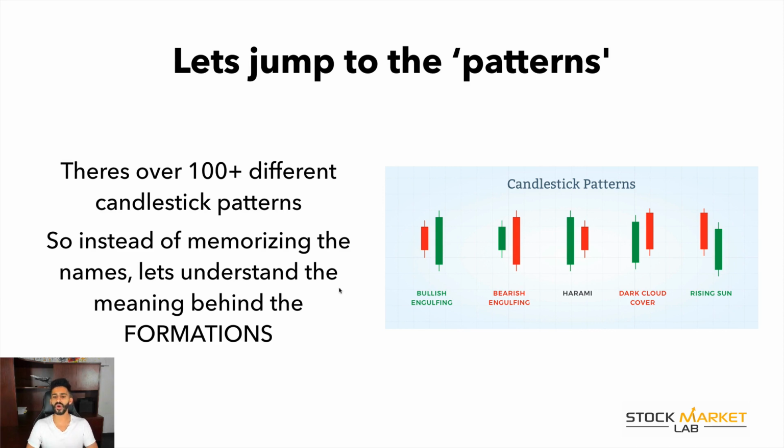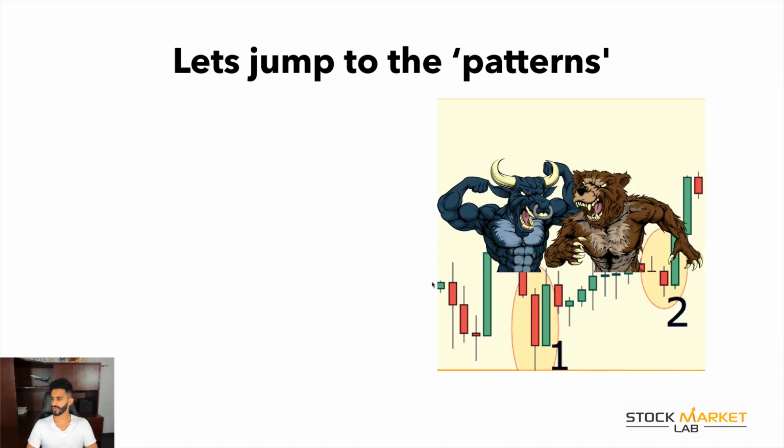I want you to understand what each pattern means. Does it mean bulls are in control? Does it mean bears are in control? Why? Is anyone even in control? I want you to understand the formations instead of trying to remember each pattern.